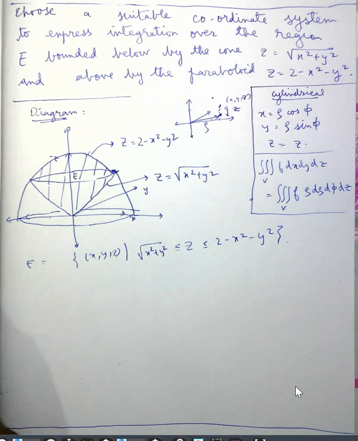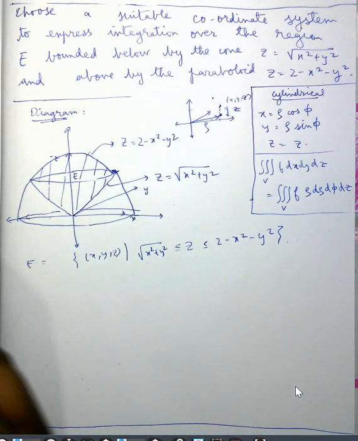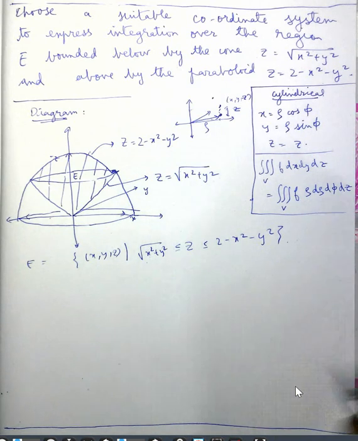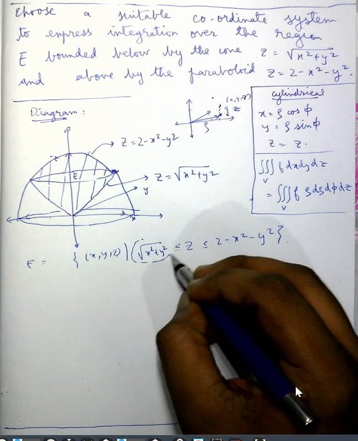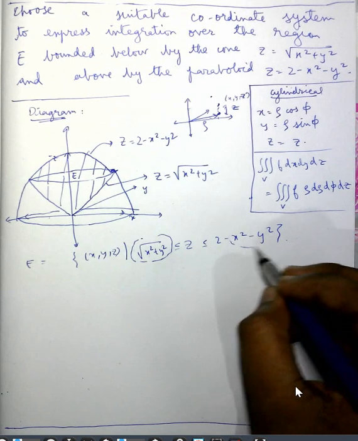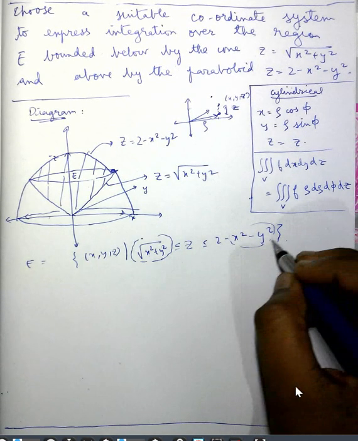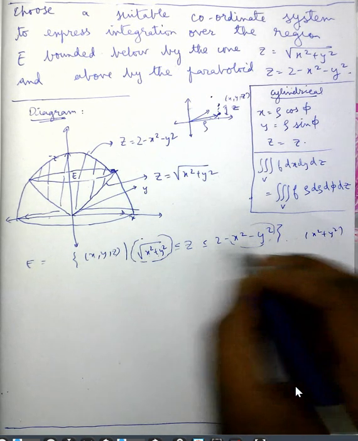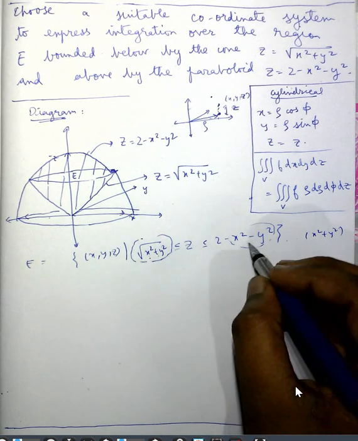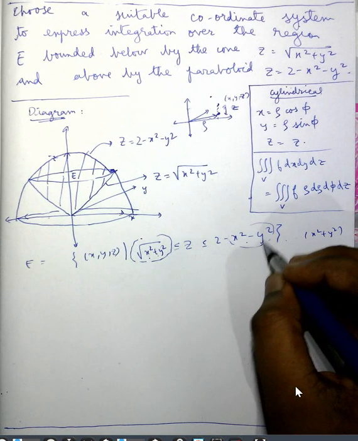So how do you know that the suitable coordinate system is cylindrical? Well, we have a hint in this expression. We can see that x square plus y square is used in both of the equations, root x square plus y square, and when you take the minus common here you also get a term of x square plus y square.